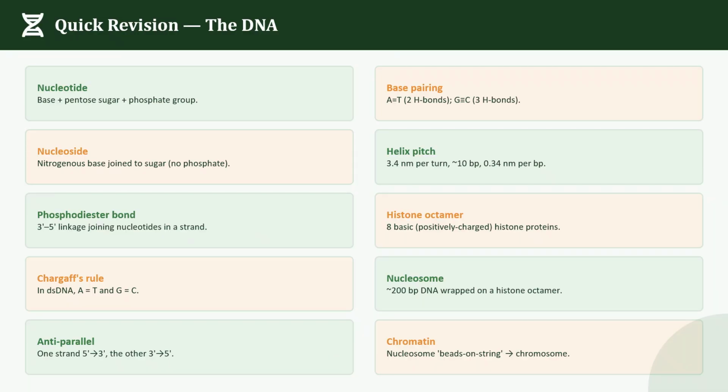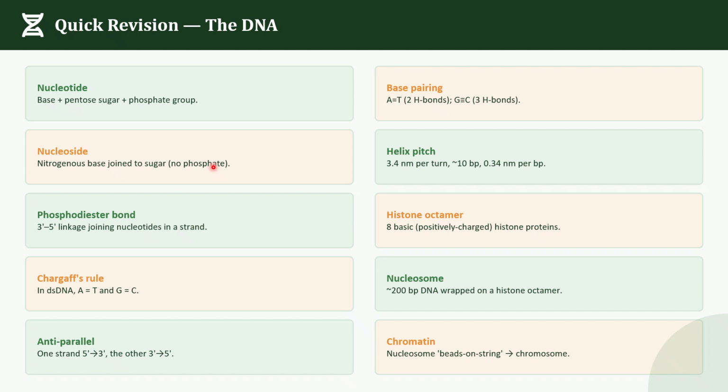Now let us quickly revise everything we learned in this part. DNA is the genetic material of almost all living organisms. It stores the hereditary information and also controls the structure and functioning of every cell. The basic unit of DNA is the nucleotide, which consists of a nitrogenous base, deoxyribose sugar, and phosphate group. When only the base and sugar are present, the molecule is called a nucleoside, and when a phosphate group is added, it becomes a nucleotide.